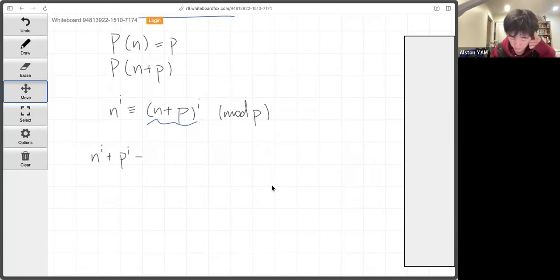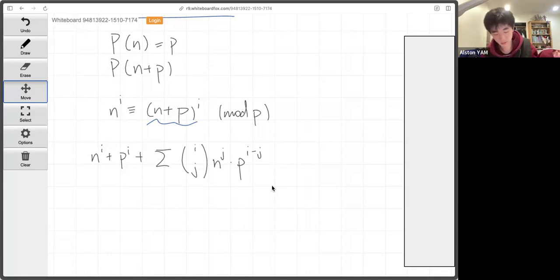And in the middle, if we consider our binomial expansion formula, it will be the sum of i choose j, n to the j times p to the i minus j. That is just our binomial expansion formula, right?